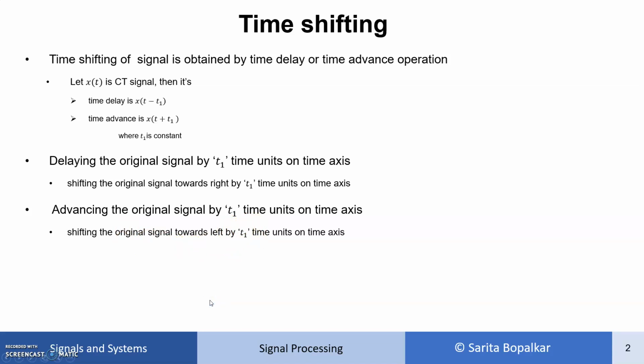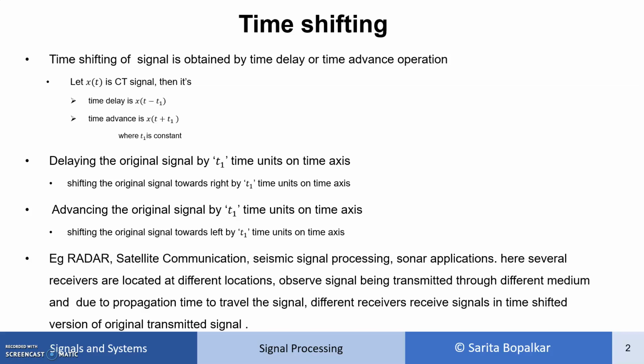Now, where do we use this time shifting operation, and where do we face this shifted version of the original signal? In applications like radar, satellite communication, seismic signal processing, and sonar. Here, several receivers are located at different locations.